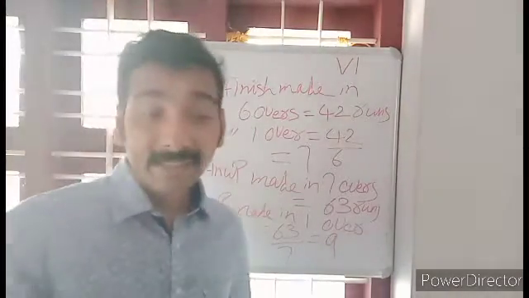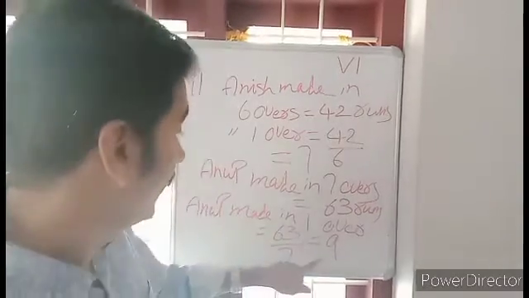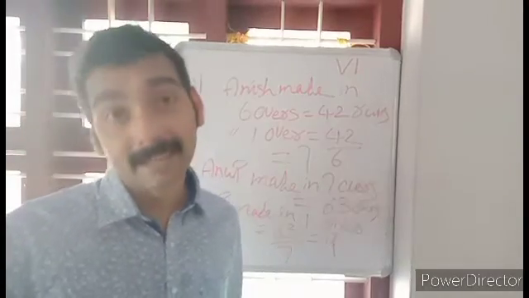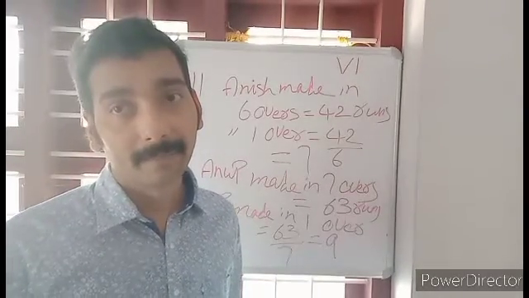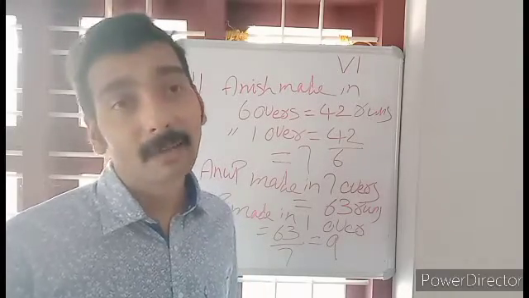Then the question is, who made more runs per over? Yes, Anoop made more runs per over. You write Anoop made more runs per over.